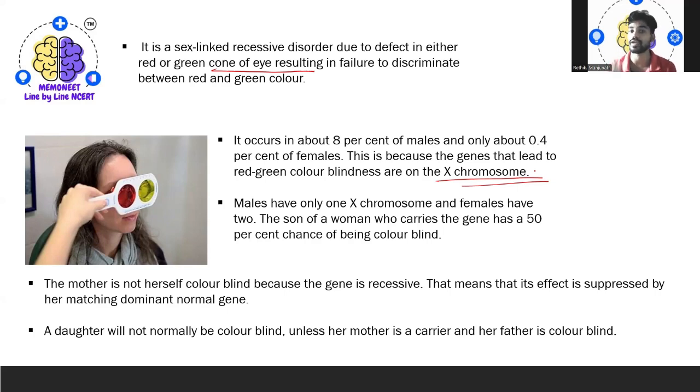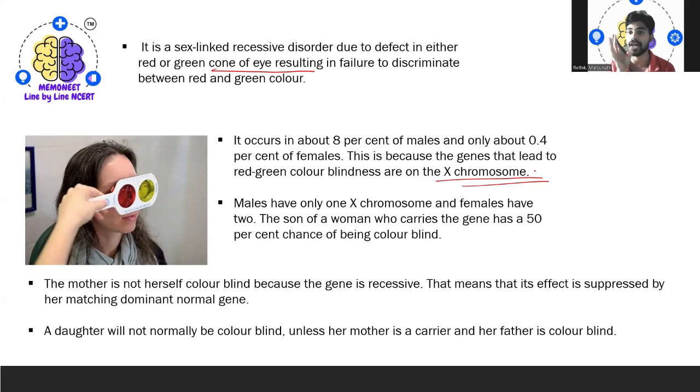So the son of a woman who carries the gene has 50% chance of being color blind. This is what they're trying to say. The mother is not herself color blind because, as I told you, the gene is recessive. That means the effect will be suppressed by her matching dominant normal gene.